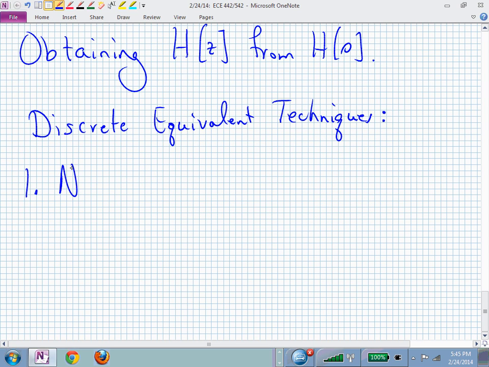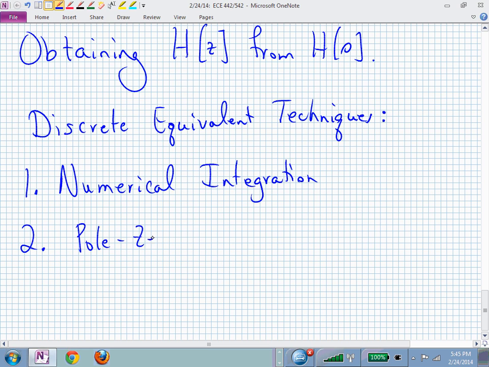One is a class that we'll call numerical integration techniques. Another class of discrete equivalents will be what we will call pole zero mapping techniques.